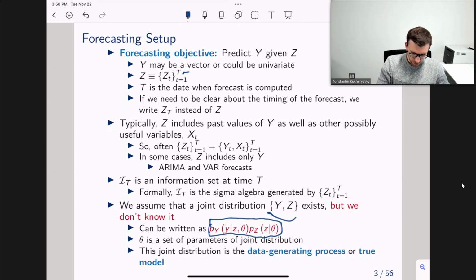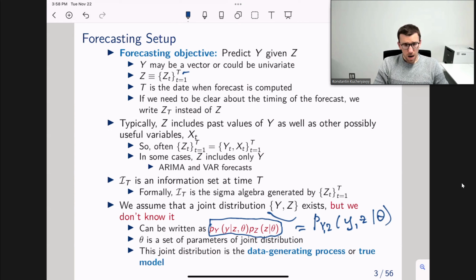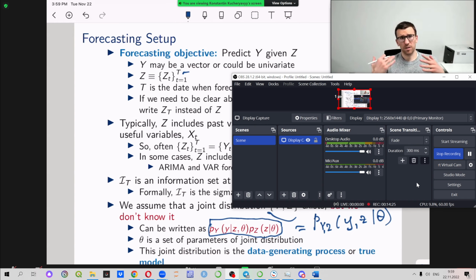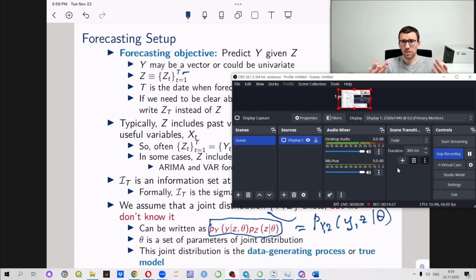It can also be written like q_YZ(y, z; theta), which is equivalent. And then theta is the set of parameters of the joint distribution. And this is one place where parameterization comes in.